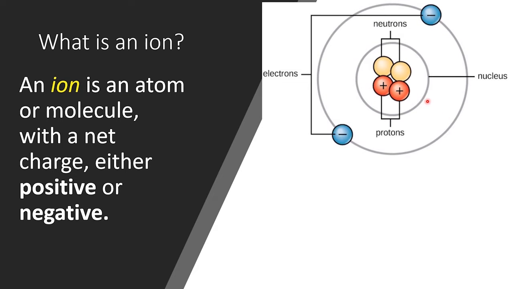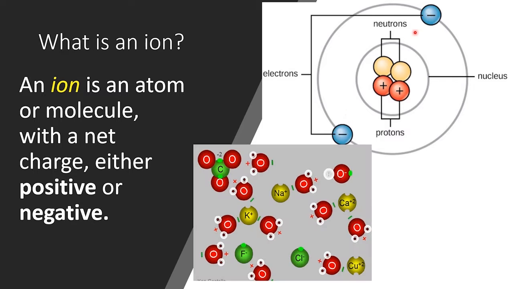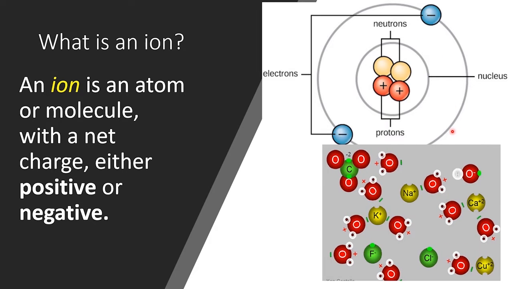In your grade 8 class, you've learned that an atom normally exists in a neutral state, meaning the number of protons, or the positive charge, is equal to the number of electrons, or the negative charge. So, when an atom has a charge, either positive or negative, then we can say that it is an ion.